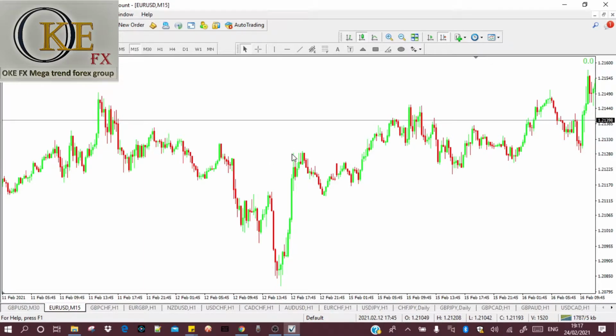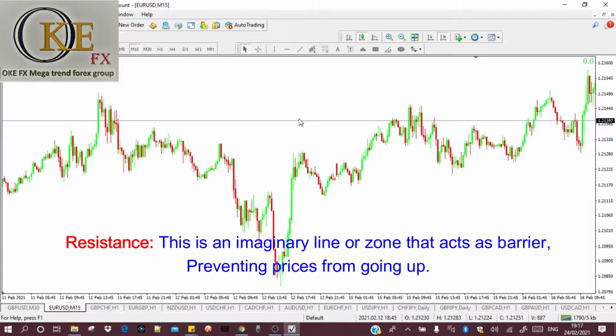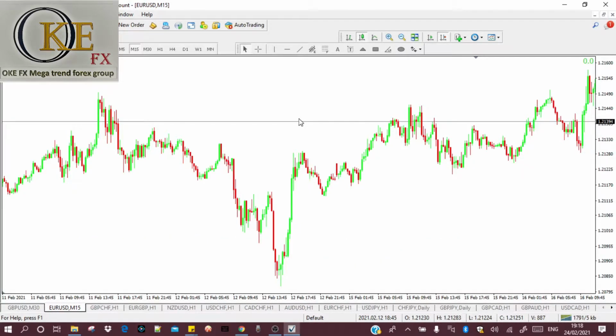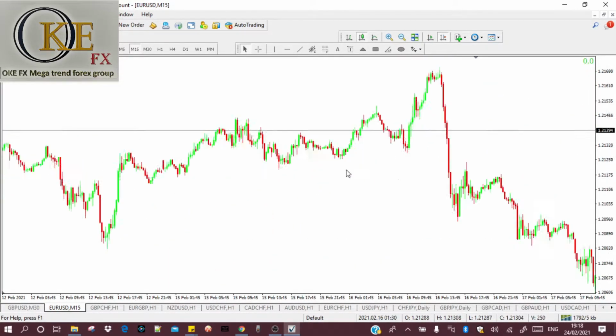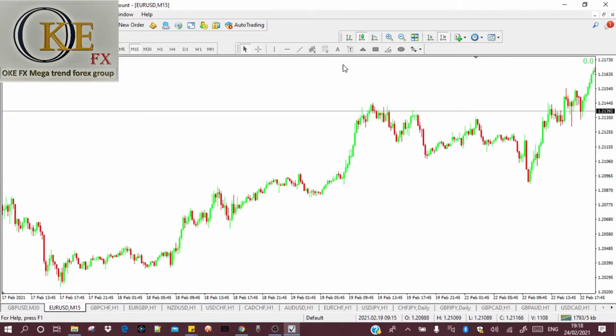So basically, when we talk about support and resistance, let's begin with resistance. Now what resistance simply means is a temporary barrier that prices meet whenever they are going up. Now let's take for instance, if price begins to move from this point here all the way to probably somewhere around here.